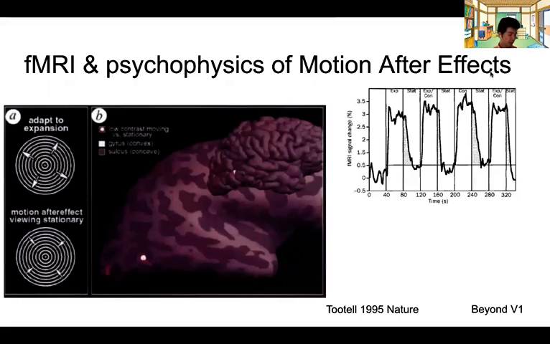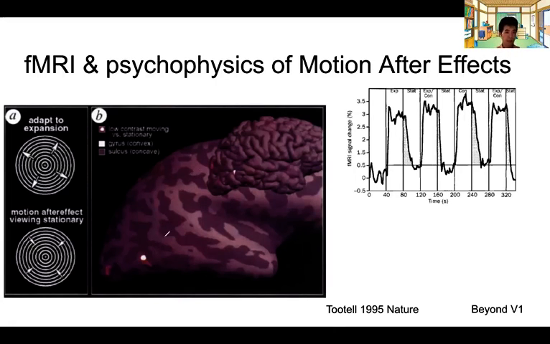And this kind of psychophysics experiment has also been backed up by an fMRI experiment in humans. Here, it was one of the first studies of this kind, by Roger Tootell in Massachusetts.